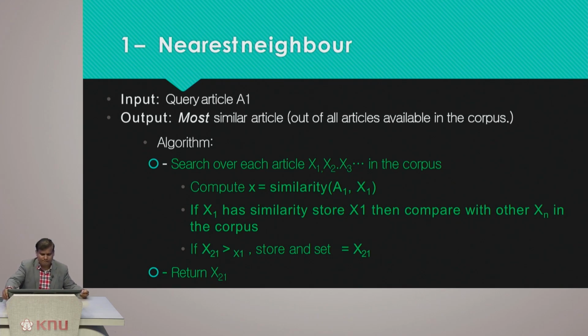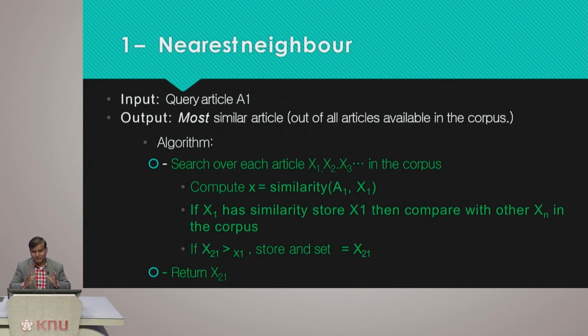If x1 is similar to A1, then you are going to use this factor. In fact, I should go back a little bit here. Let's erase this. I think I just made a simple mistake there.